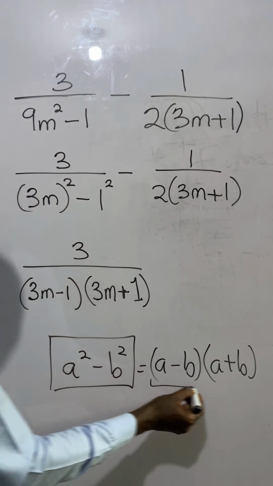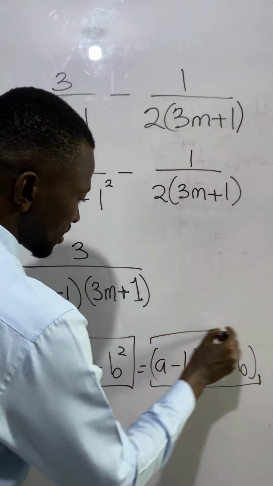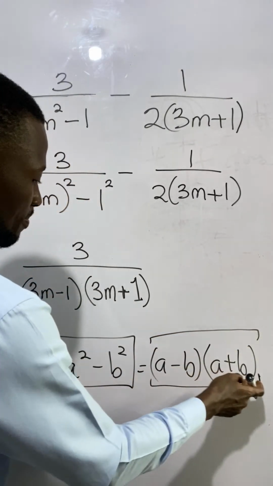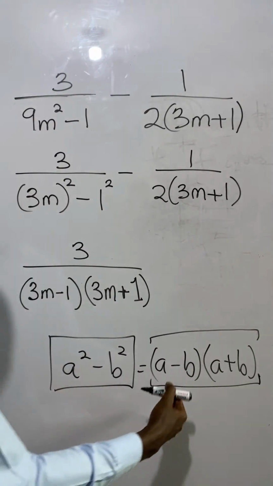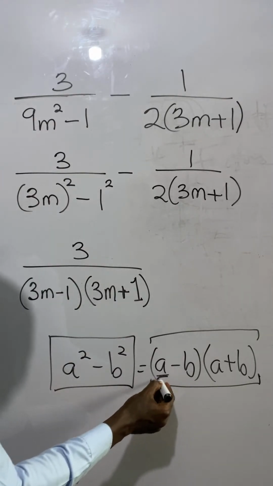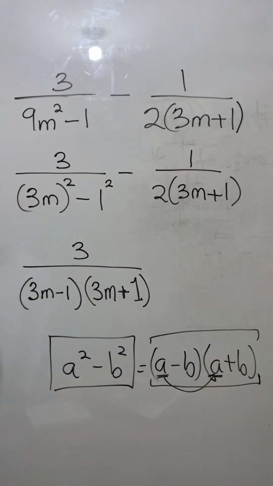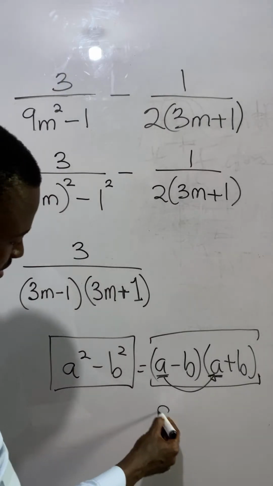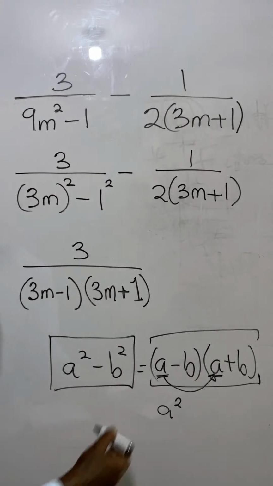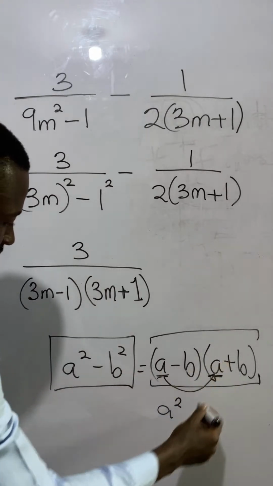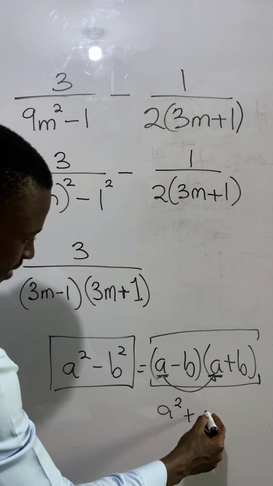This bracket, a minus b times a plus b, if we expand it, this a multiplies this a: a times a gives us a squared. Then a times b gives us ab.